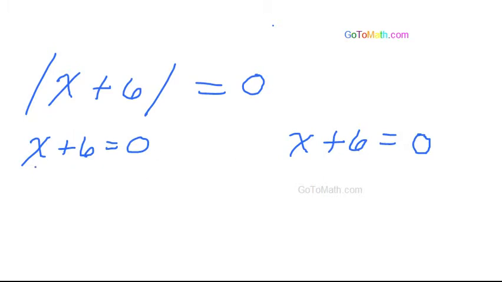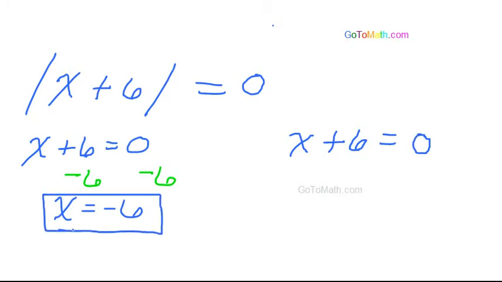That's okay. And so remember how to solve this equation. You just subtract 6 from both sides. And what are we left with? We're left with x is equal to negative 6. And of course, if we did that to this side, obviously the same thing. So we only get one solution here, negative 6. And you can always check this out by taking this negative 6 and plugging it back into our absolute value equation.